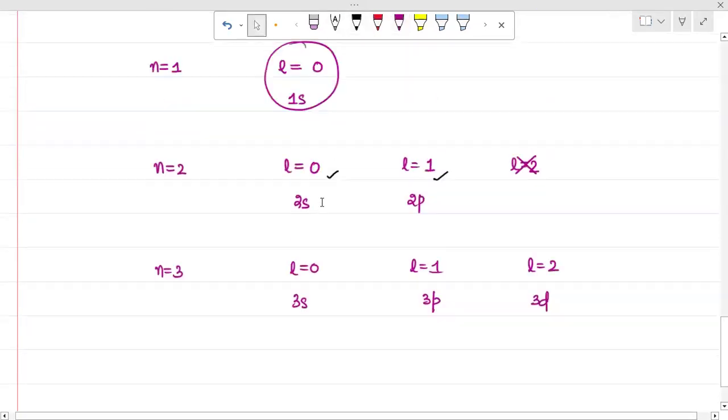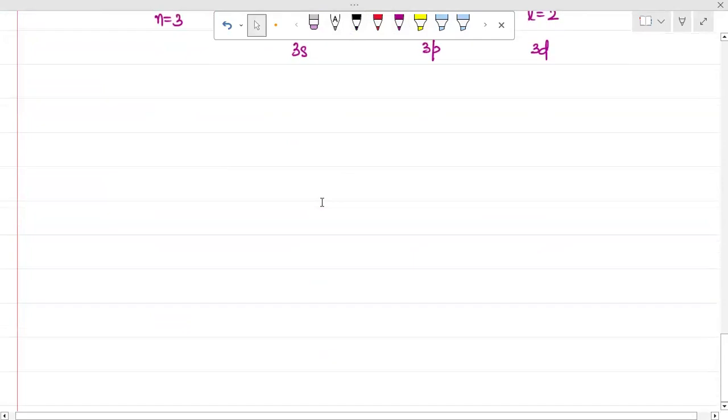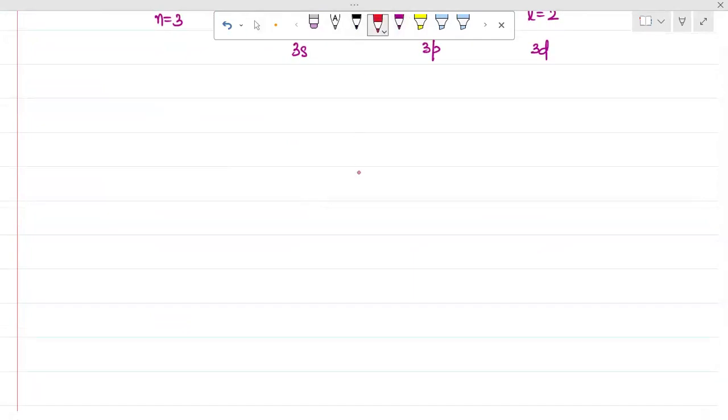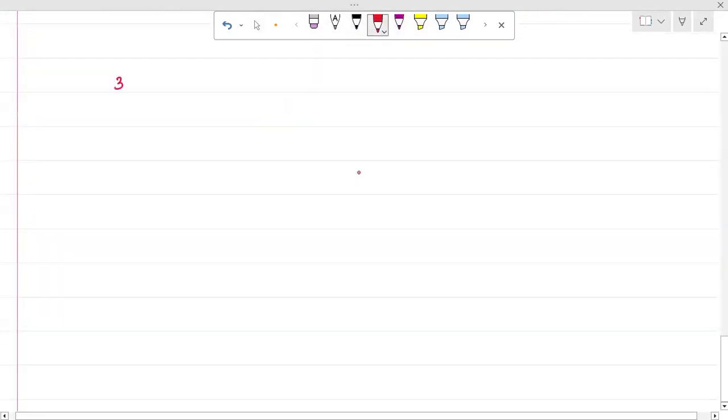Magnetic quantum number. Third is magnetic quantum number. So this magnetic quantum number, in certain books, they just write M, or in certain books and question papers, they might also write it as M subscript L. Okay, it's either M or ML, both represent the same stuff.